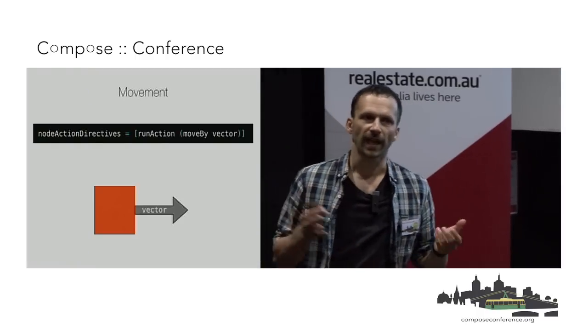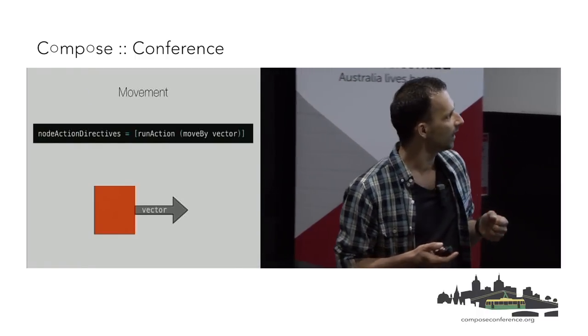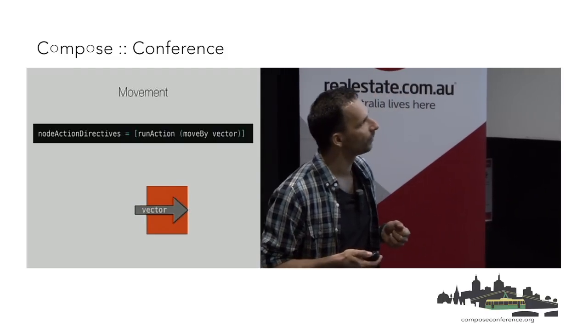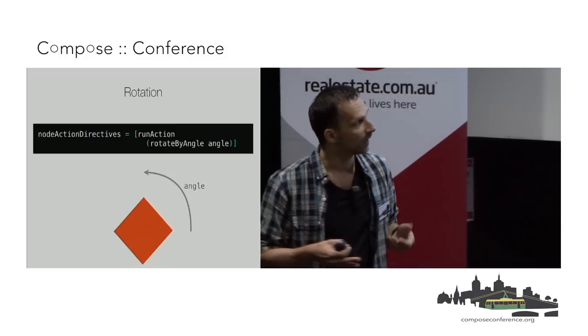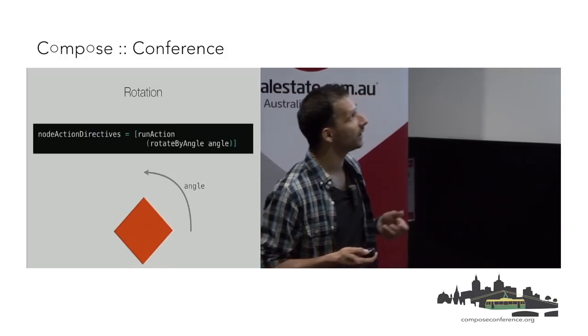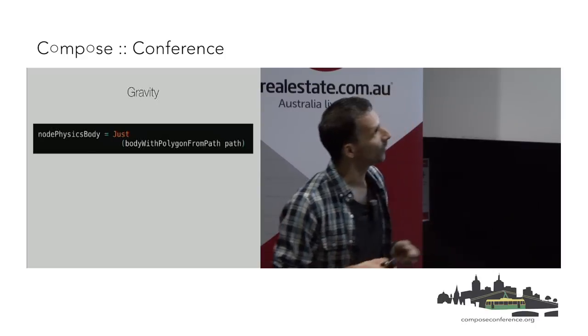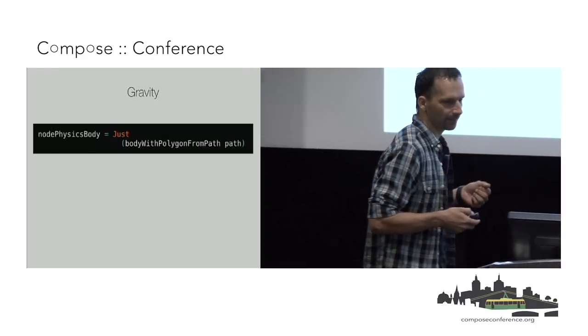So as for the animation directives, we can translate a shape along a vector, for example, or rotate it by a rotation directive. And with physical properties, we can give things mass, and then they go by whatever gravity dictates.